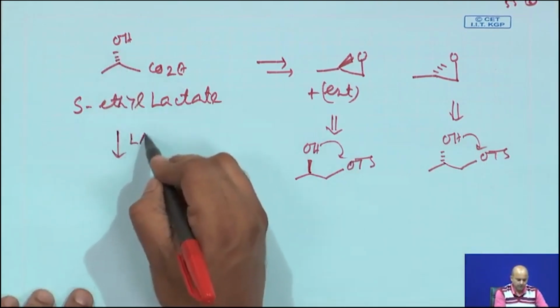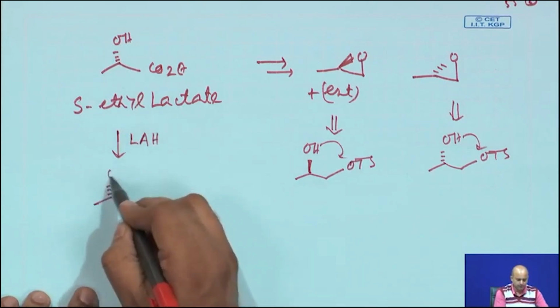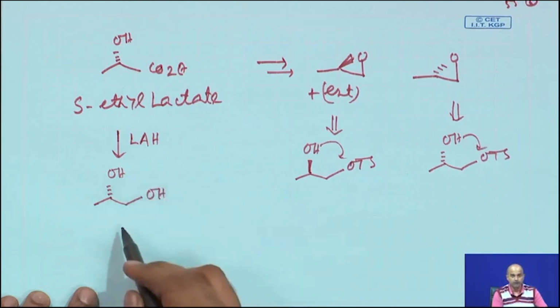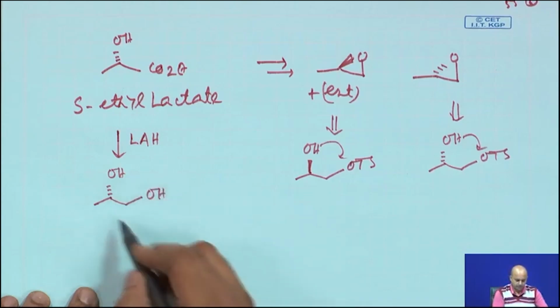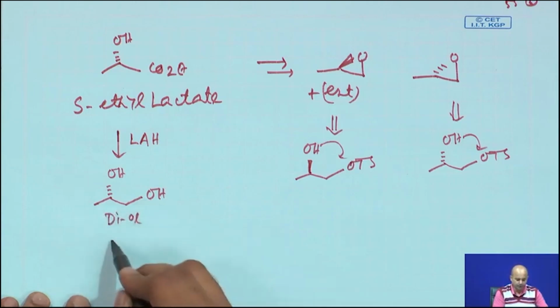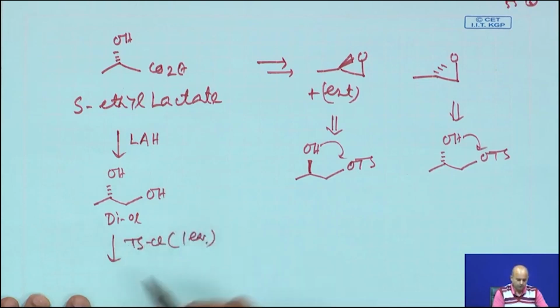Let us do the lithium aluminum hydride reduction first, which will simply give you the diol with OH and CH2OH. Now this diol has a primary hydroxyl and a secondary hydroxyl, so their reactivity is different. You react with one equivalent of tosyl chloride, and what do you get?